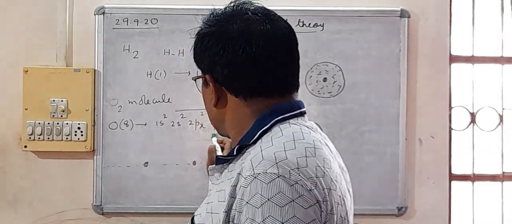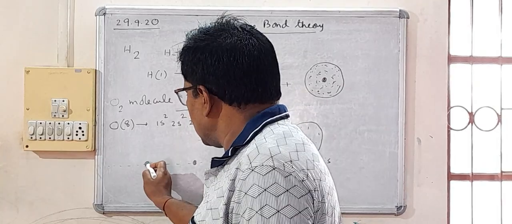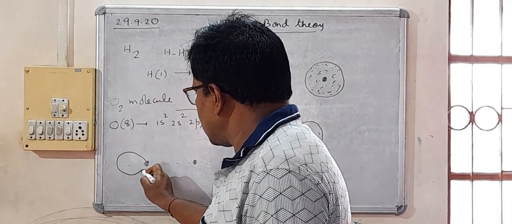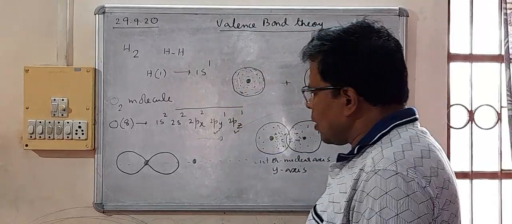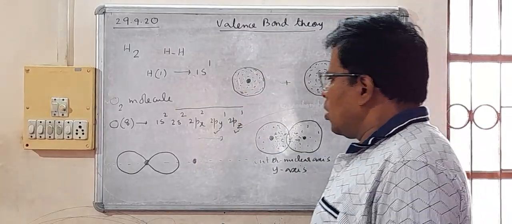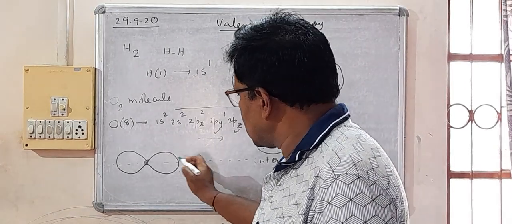So, I am drawing this 2py. P is dumbbell, and p of another oxygen atom.